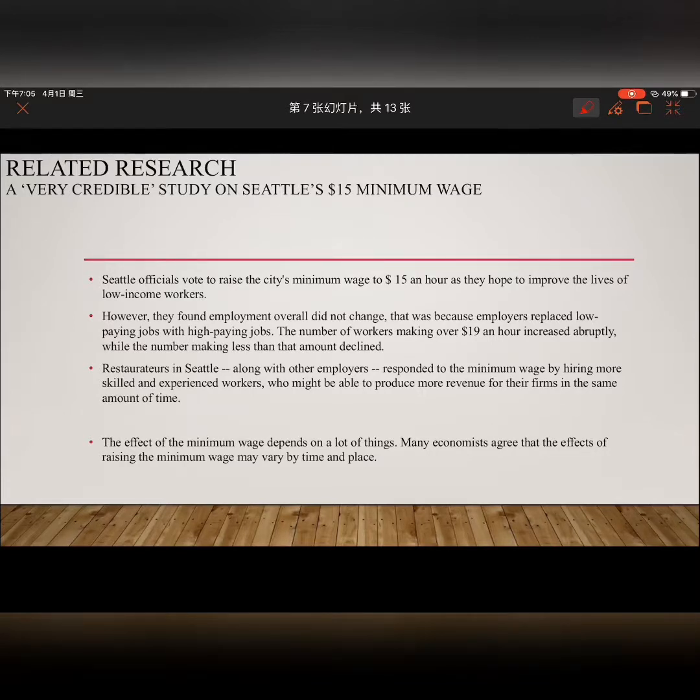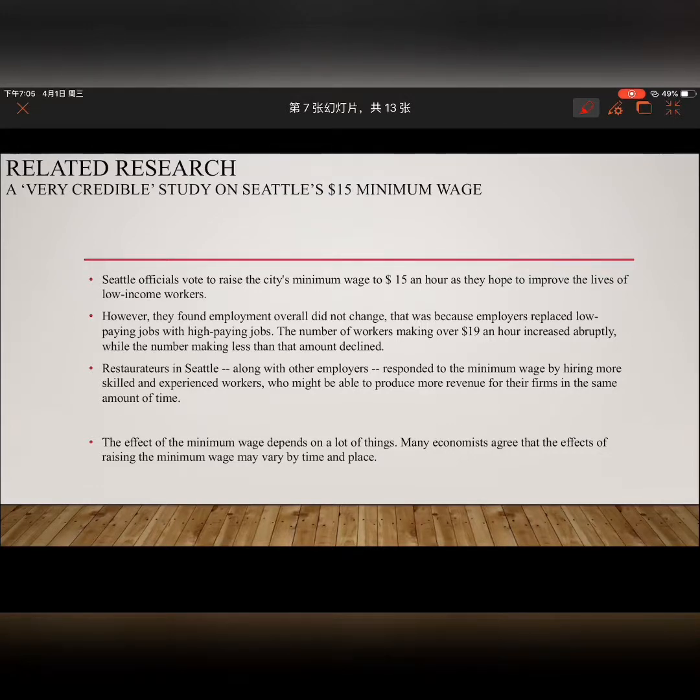For example, a restaurant in Seattle responded to this minimum wage by hiring more skilled and experienced workers. So there is no one minimum wage effect.